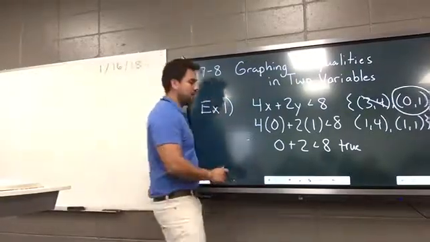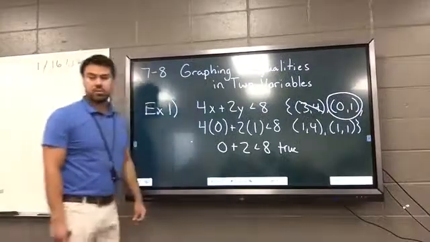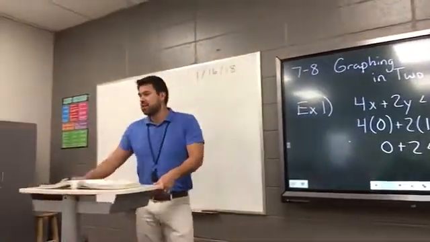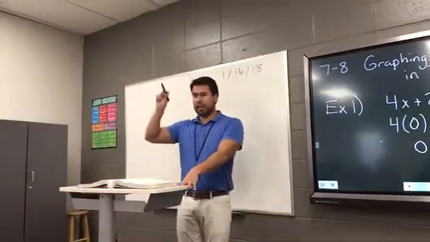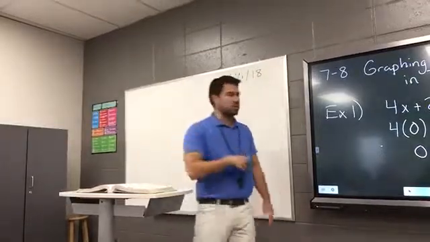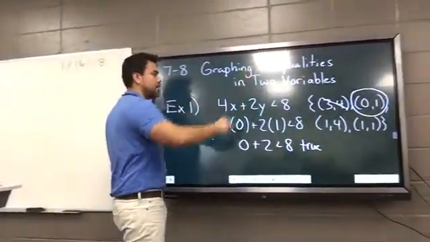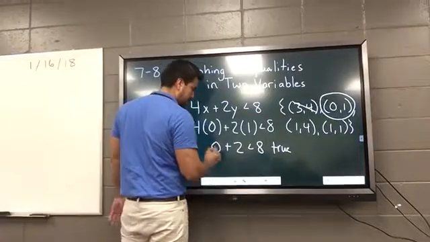Okay. Try out the next 2 on your own. See which ones are true and false. Circle the one that is true and cross out the one that is false. So whichever one's false, just put a line through it. The one that's true, circle it.